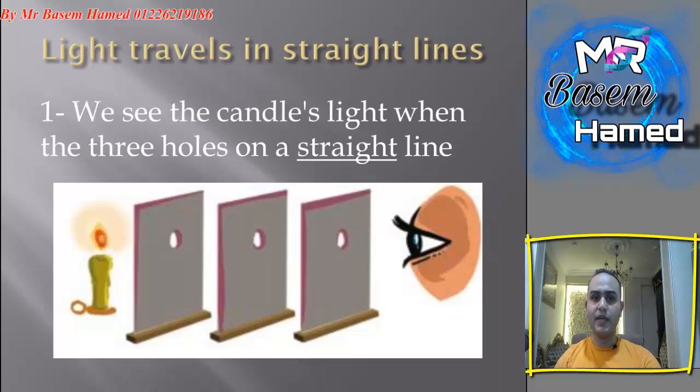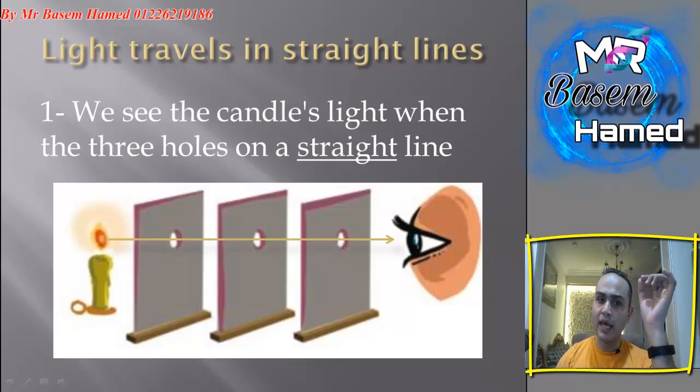Okay, let's begin. Light travels in straight lines. We can see the candle's light when the three holes are on the same straight line. Let's see an activity that explains that to you.